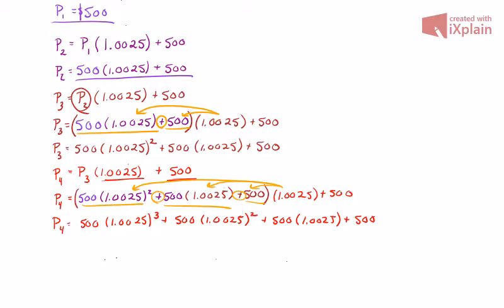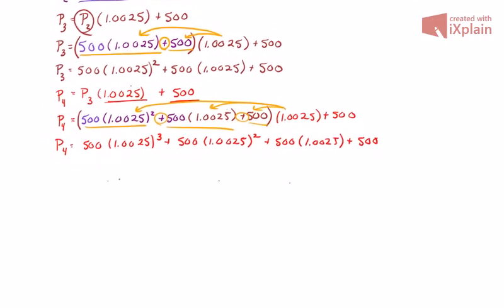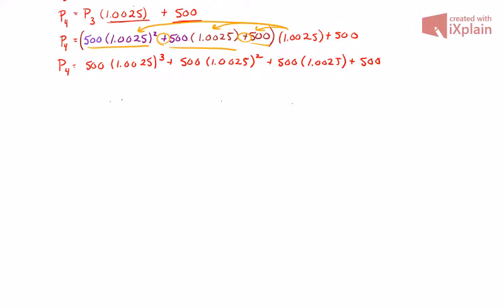Again, we're seeing that descending order of our exponents. So we could keep going like this if we really wanted to, but it's going to become very tedious. So I'm going to go ahead and try to generalize this. The generalized form that I'm thinking of would be p sub m, and that would become 500 times our 1.0025, and since I'm saying m is equivalent to 4, then 3 is 1 less than that, so I would do m minus 1 to indicate it.